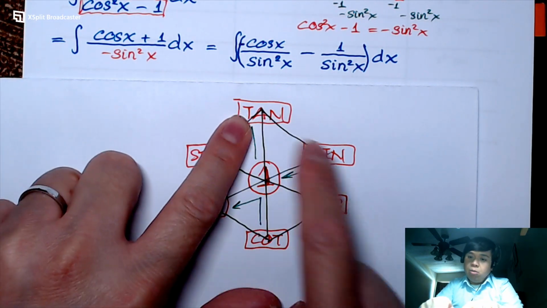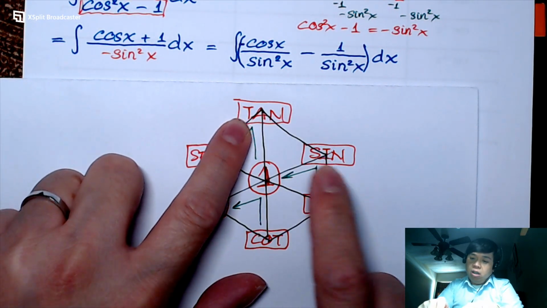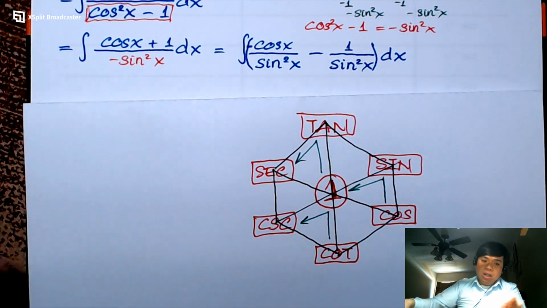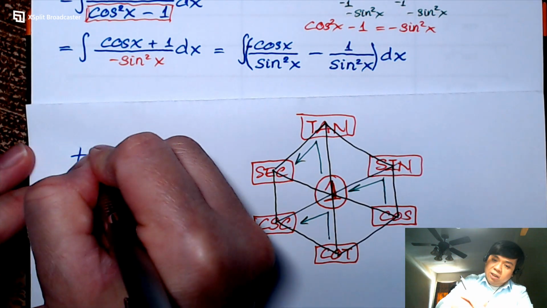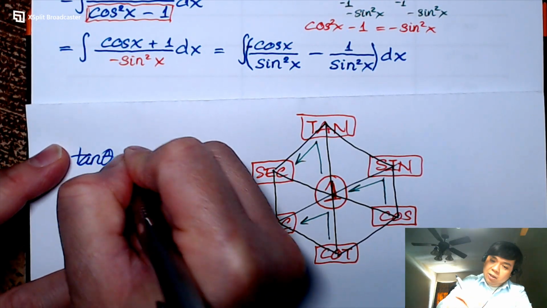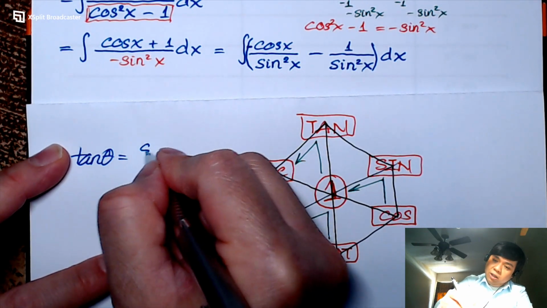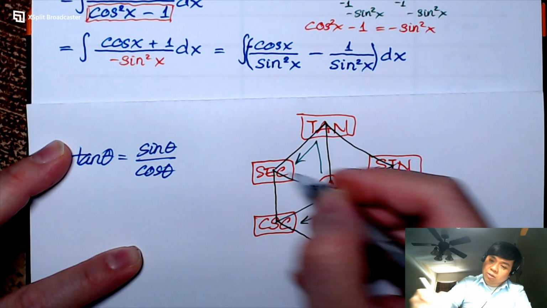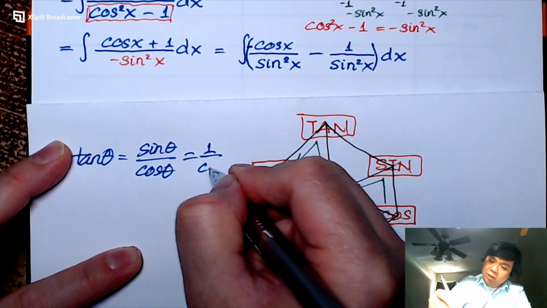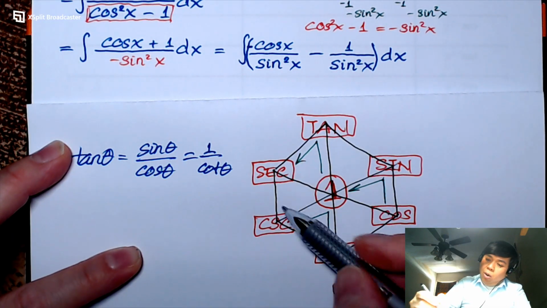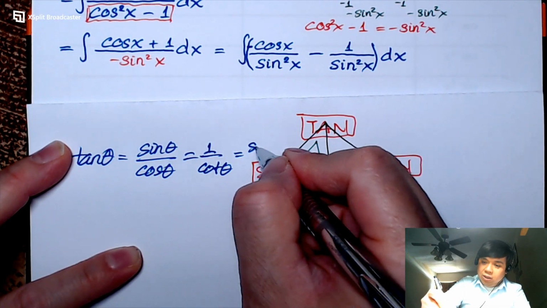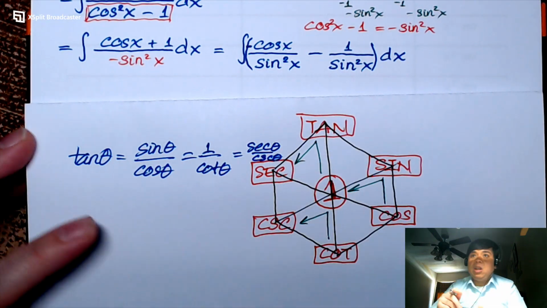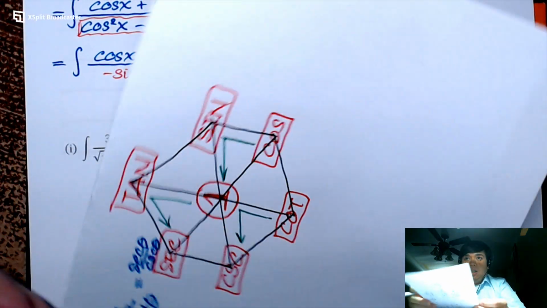If tangent is on the top, there's sine over cosine, 1 over cotangent, and secant over cosecant. So we can write tangent is sine over cosine, 1 over cotangent, or secant over cosecant. That's nice.